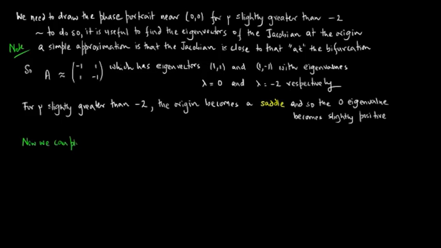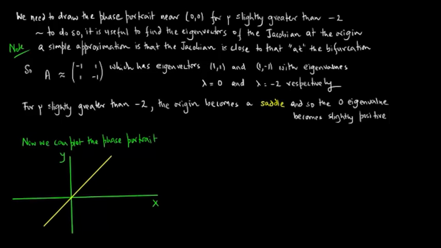So now we can go ahead and plot the phase portrait for the system. So we plot y versus x. The origin is a saddle.